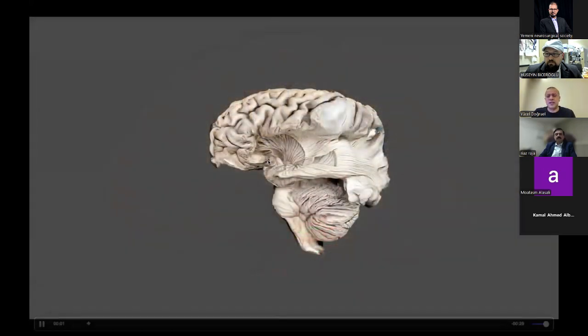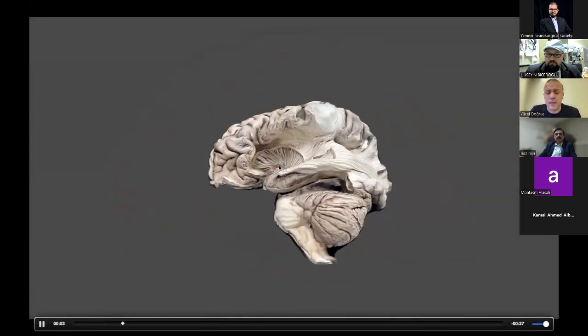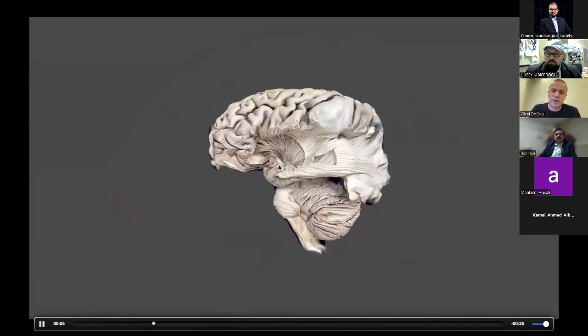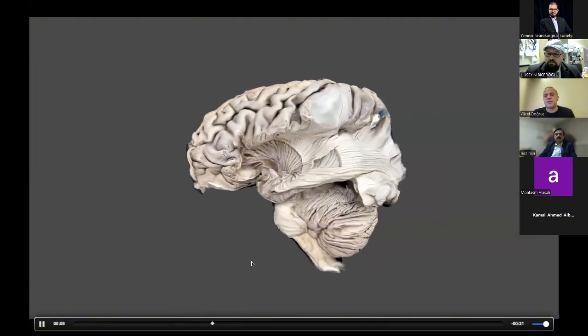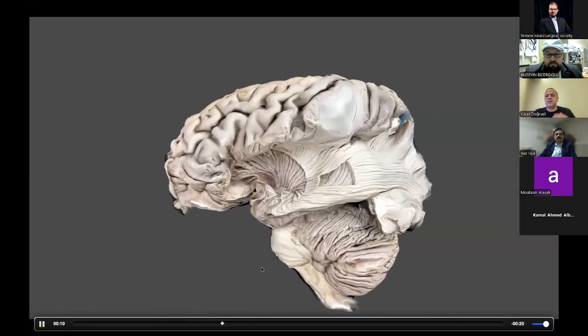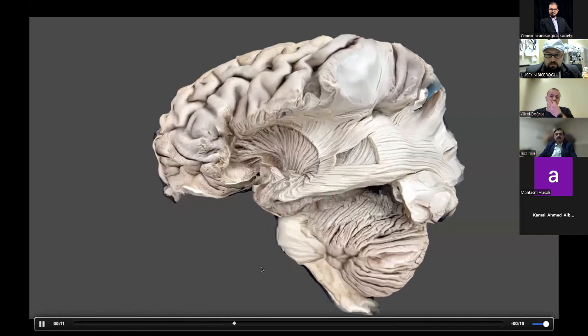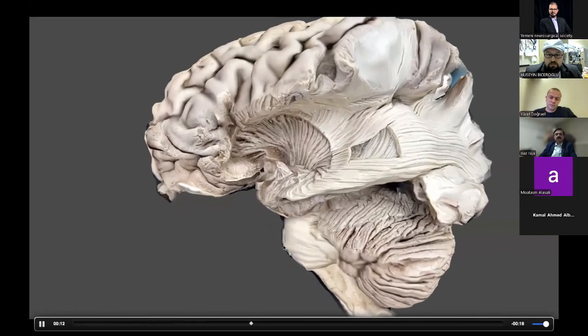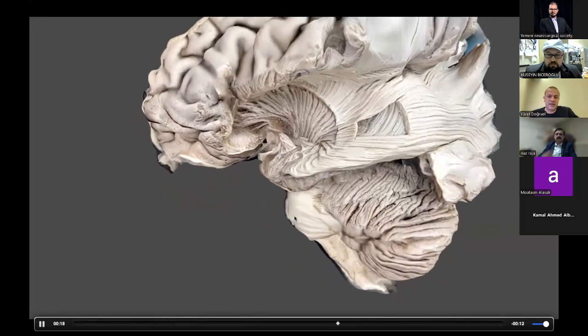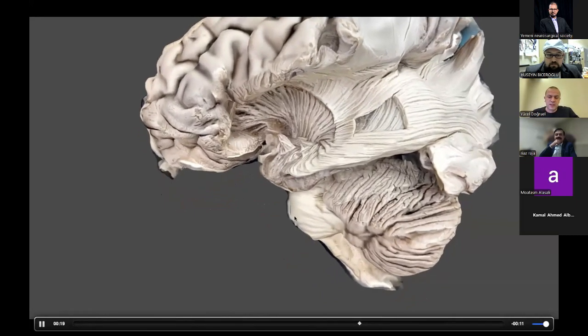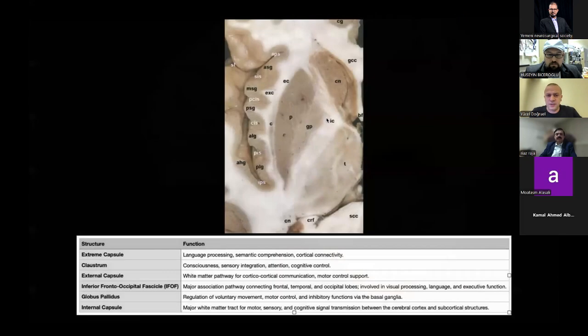And in the final stage, after we remove the putamen and globus pallidus, before the thalamus, here are the internal capsule fibers, the deepest part of the insula from lateral to medial. This is an axial section.